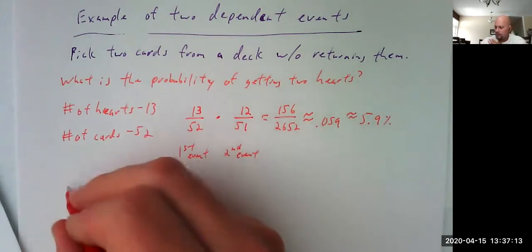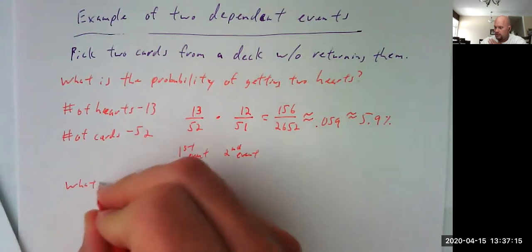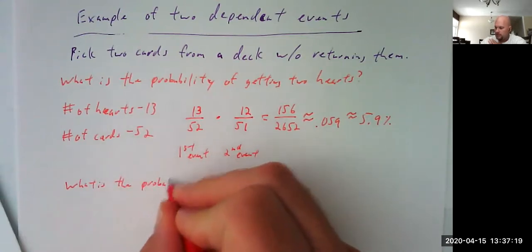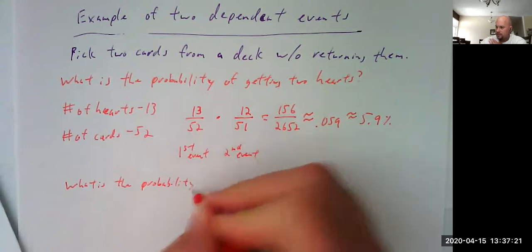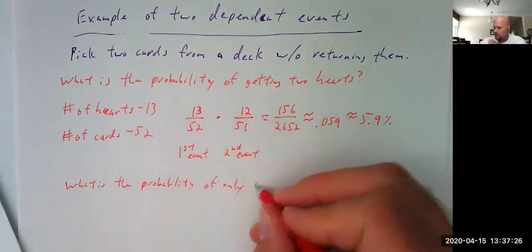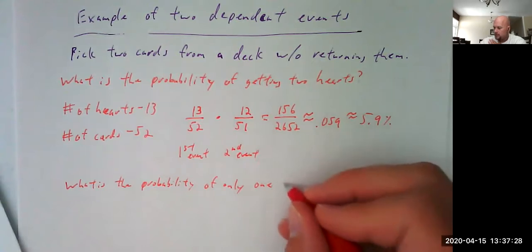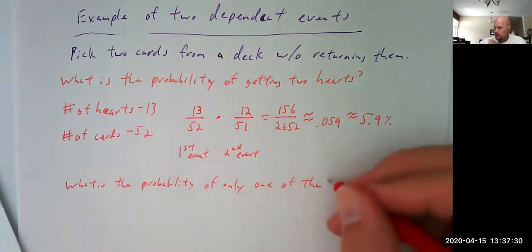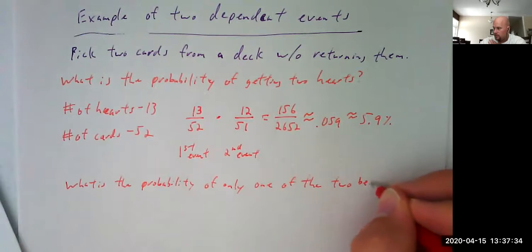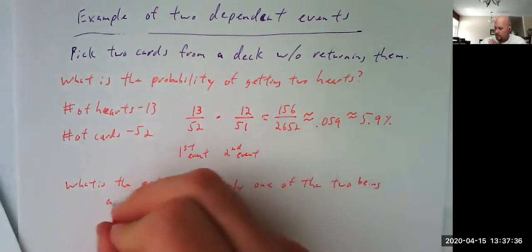All right, let's do one more like that. So what is the probability of only one of the 2 being a heart?